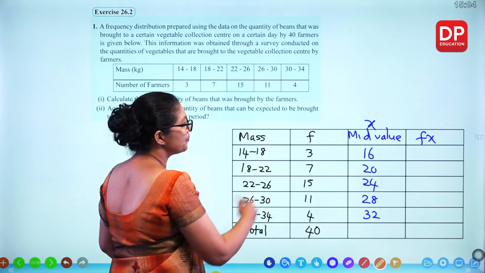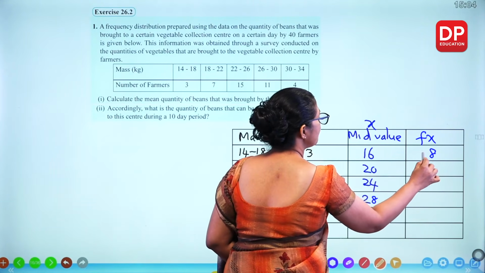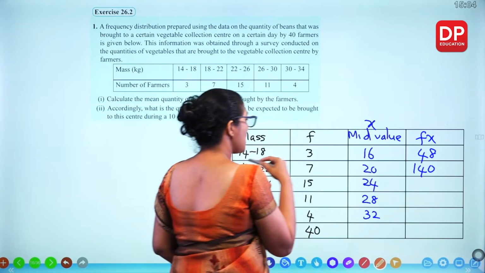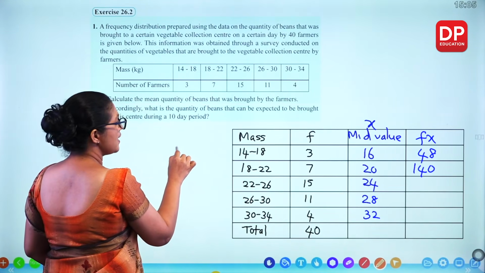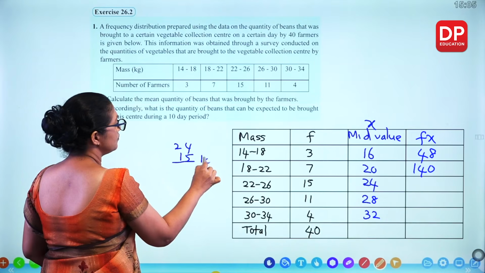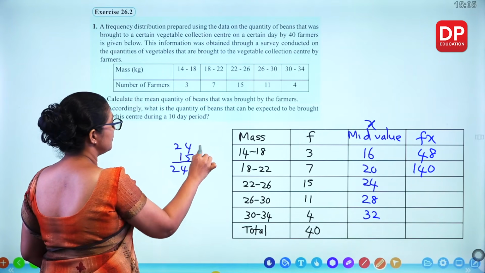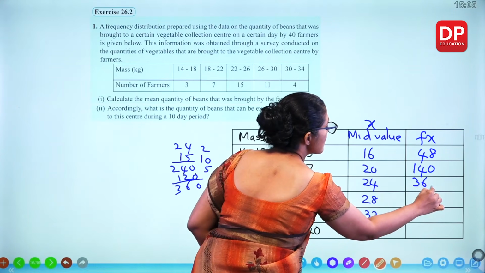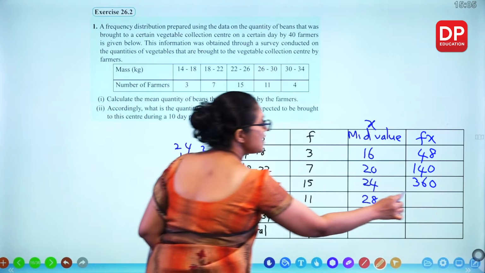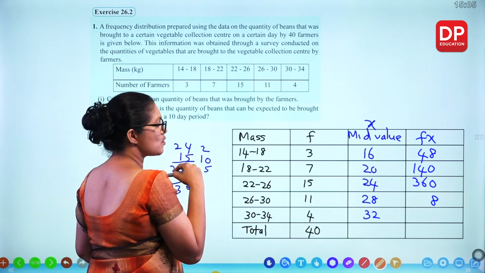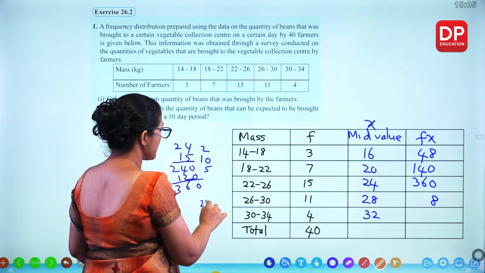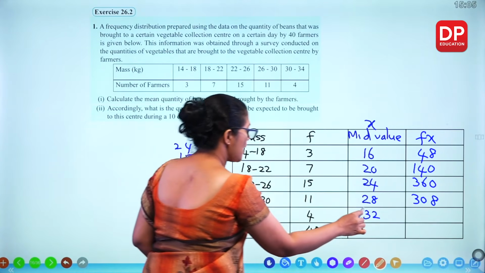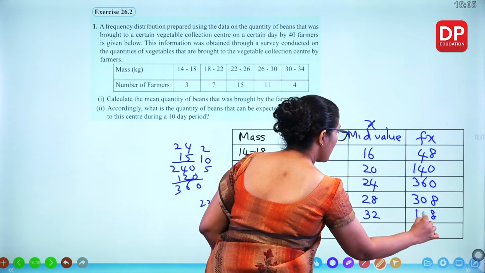Now multiply. 3 times 16. 7 times 20. 15 times 24. We'll multiply here. 360. 11 times 8 is 88. 11 times 2 is 22. 22 plus 8, you get 30. 32 times 4, 120.